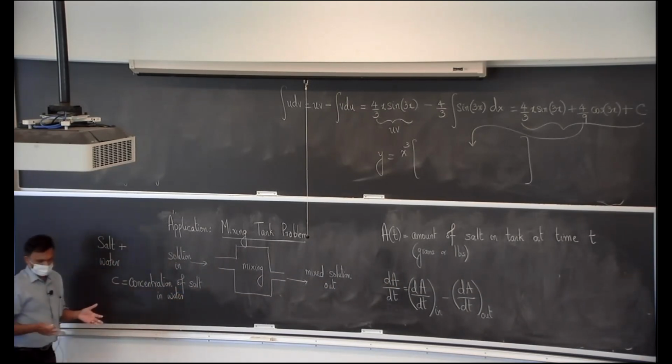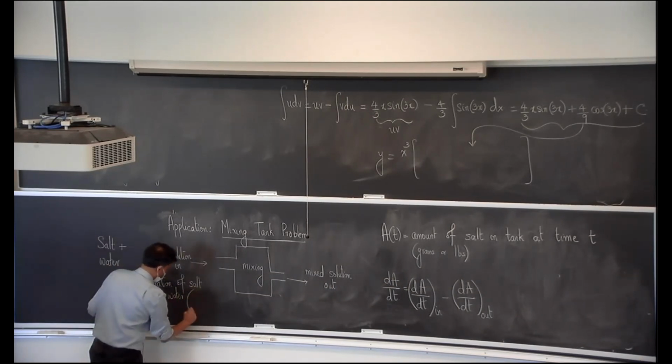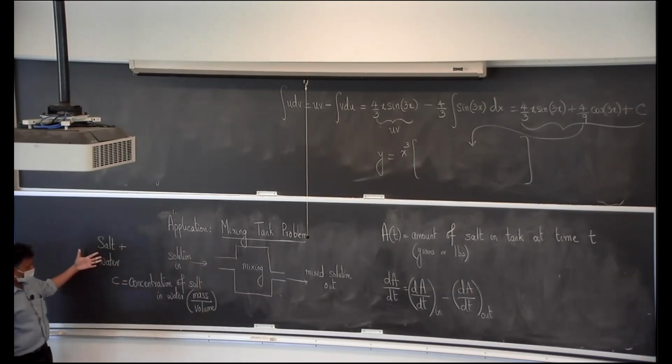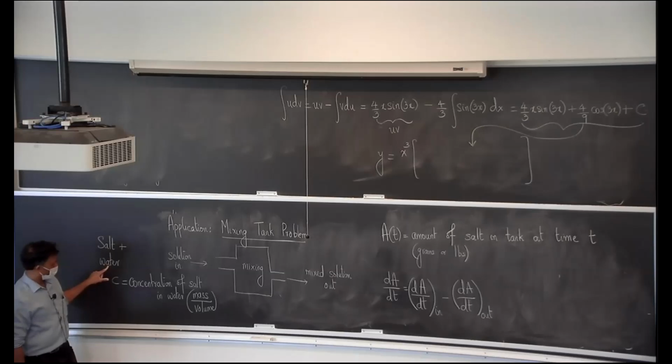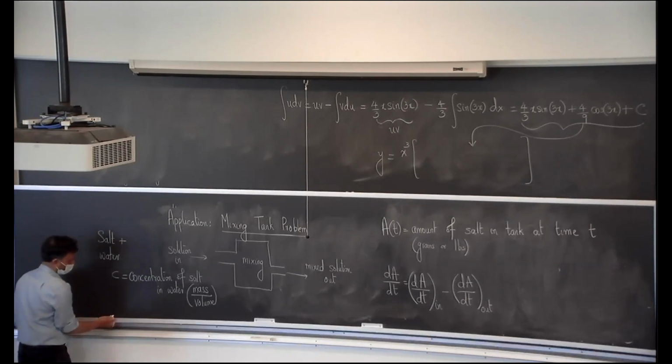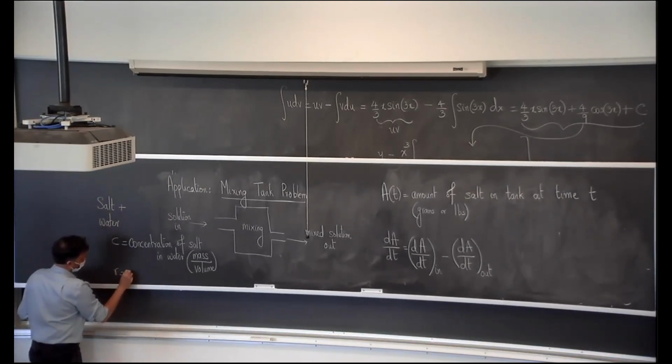For example, if this water has 5 grams of salt per liter, that is the concentration. It's almost like density. So the units for concentration would be mass per volume. You can say that this solution has 5 grams of salt in 1 liter of water. And let R be the rate of flow.